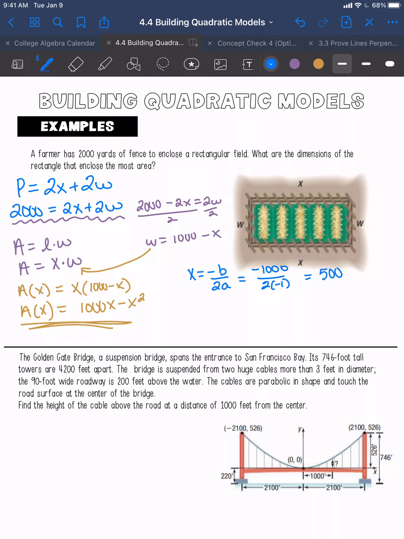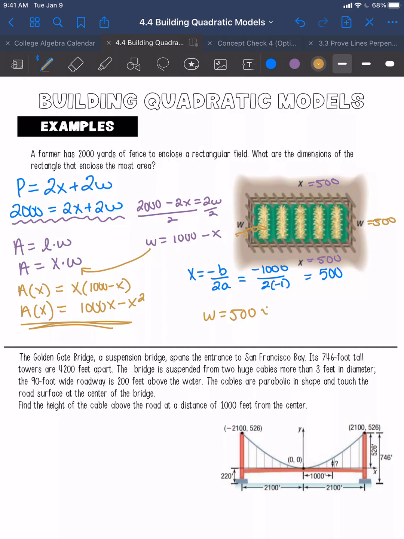So, think about this. If x is 500, those add up to 1,000, so we got 1,000 more yards of fence to work with, but we got 2 sides of the fence left, so these both also have to be 500. All right, so the largest rectangle that can be enclosed by 2,000 yards of fence, the dimensions would be 500 by 500.